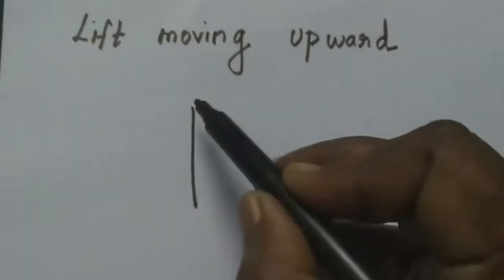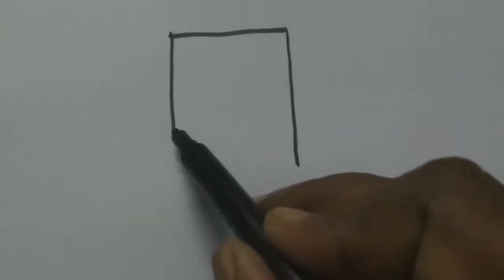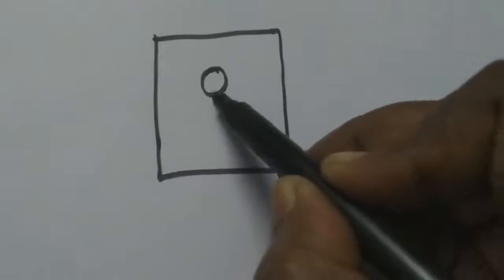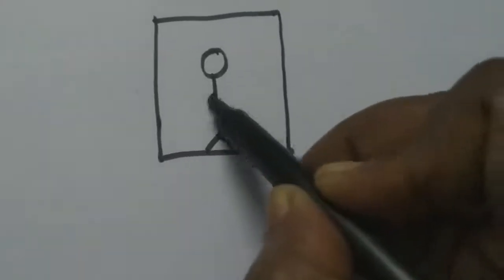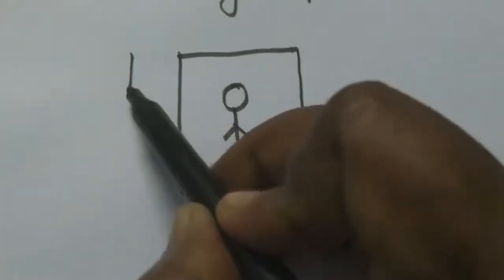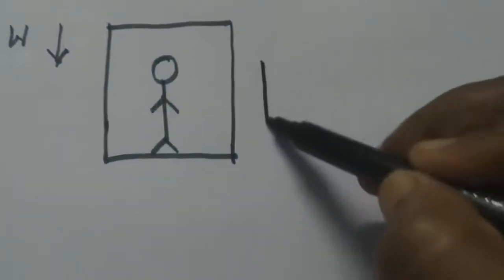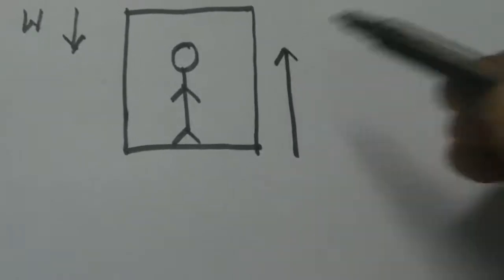Consider this as a lift, and a person standing inside the lift, and W, weight, is acting downward, and apparent weight R is acting upward.